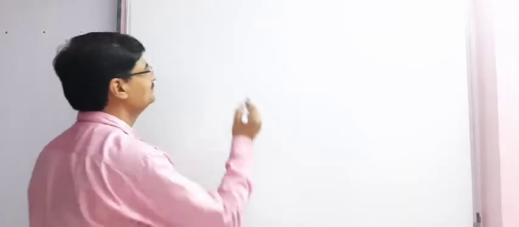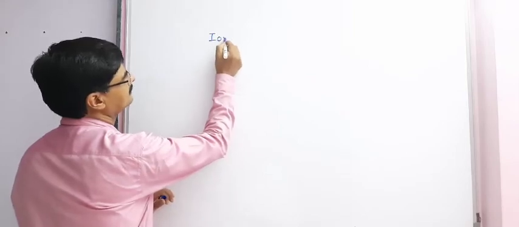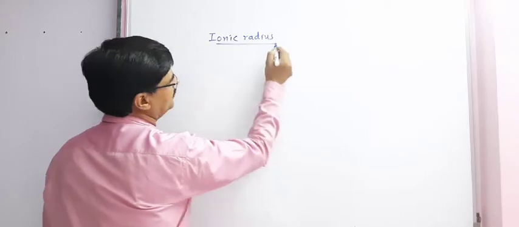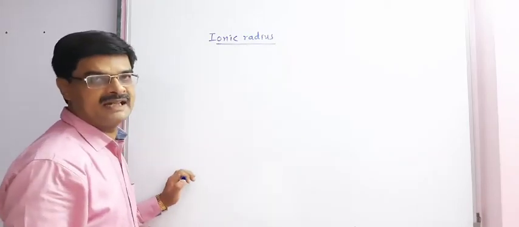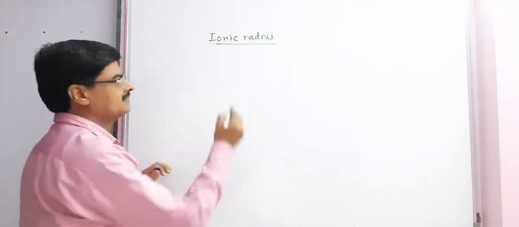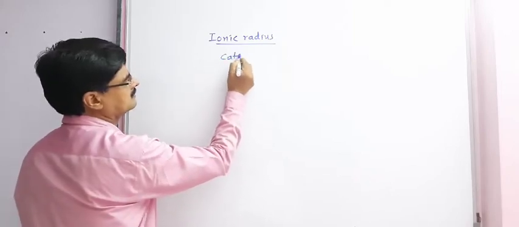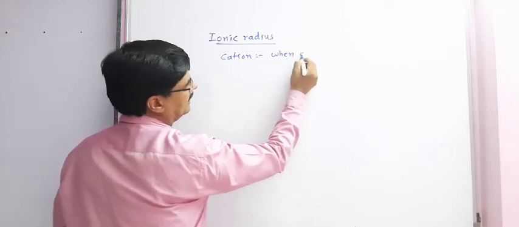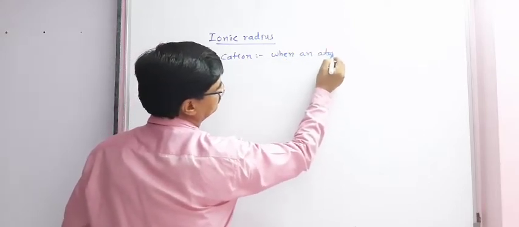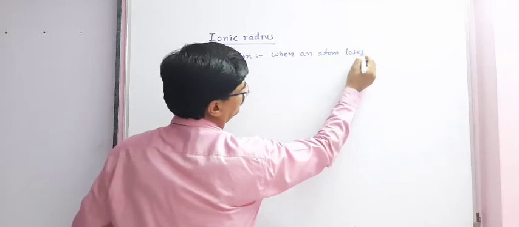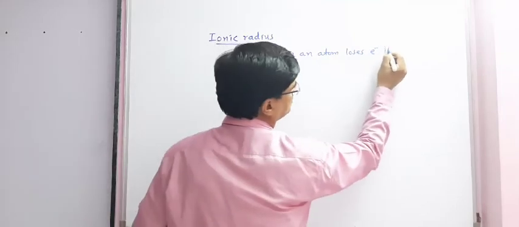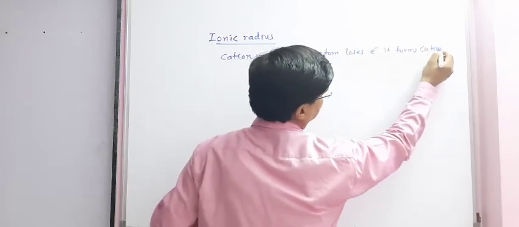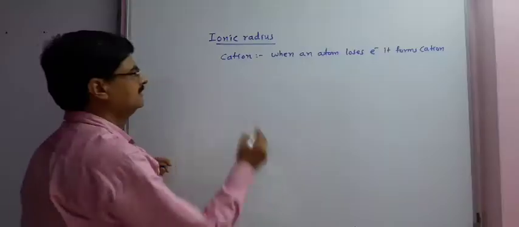Ionic radius. First we understand the formation of cation and formation of anion. Cation: when an atom loses electron, it forms cation, say positive ion.